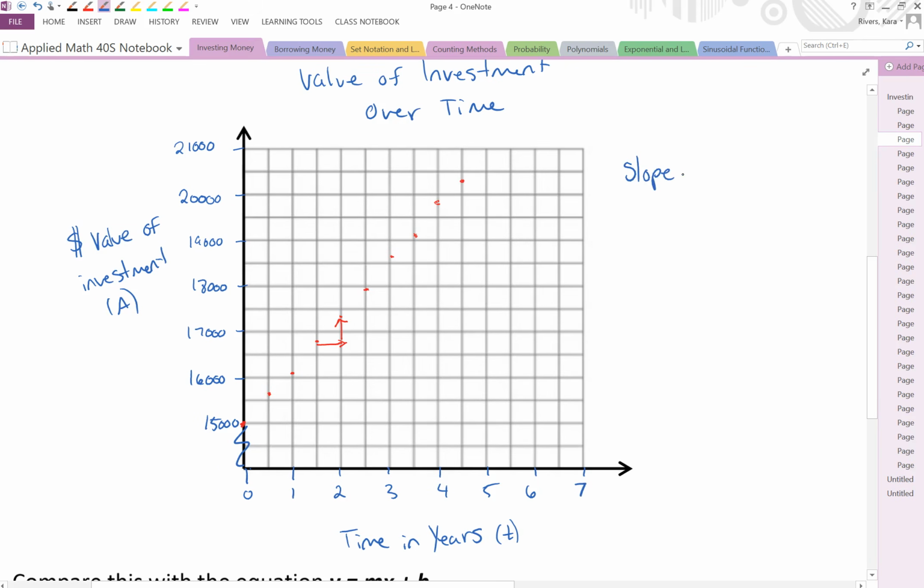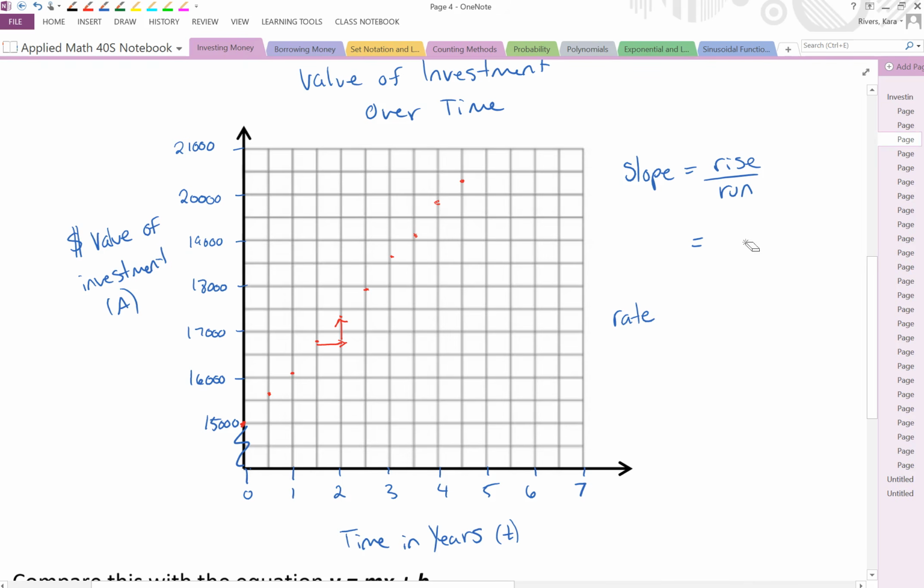Okay, so when we talk about slope and we talk about our rise over our run, in this case, my rise is $600 for every 1 year. So the rate, that's not right. It would be $600 for every half year.